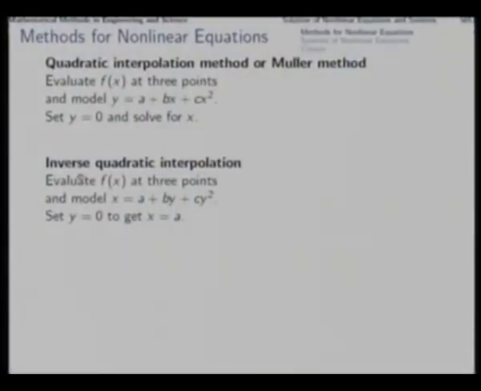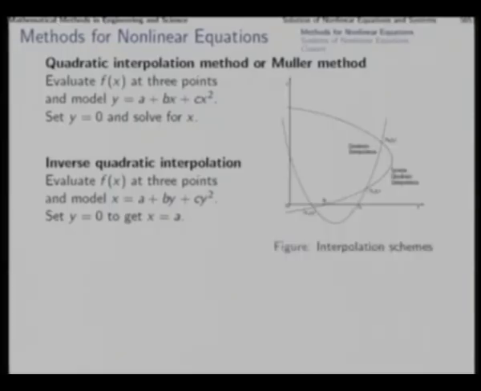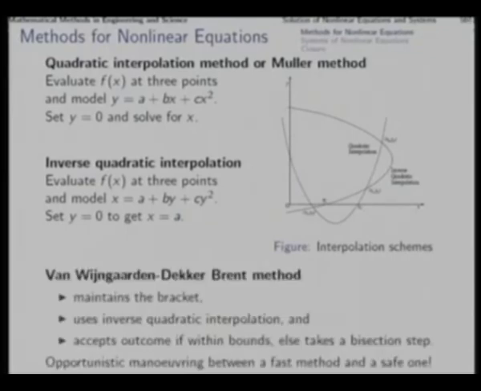Combining this with many other aspects, you have a very good professional method for nonlinear equation solving, that is called the van Wijngaarden-Dekker-Brent method, or in brief Brent method.